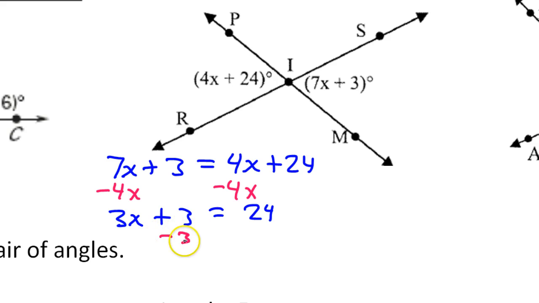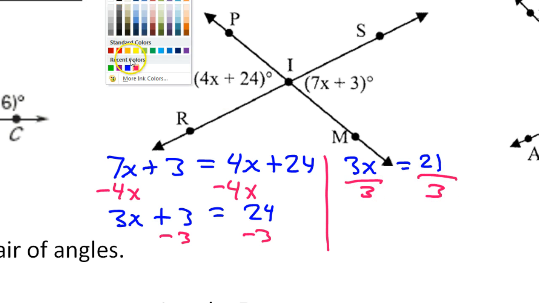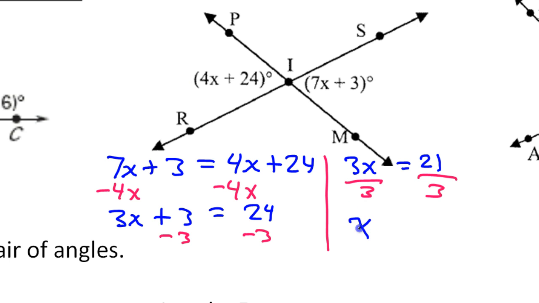Then I'm going to subtract 3 from both sides, and that gives me 3x is equal to 21, and then I'll divide by 3. So x is equal to 7.